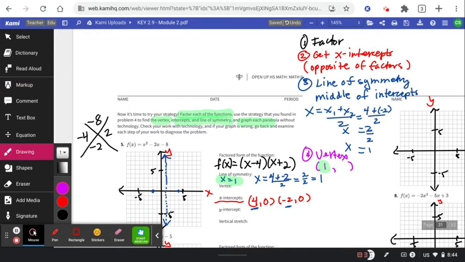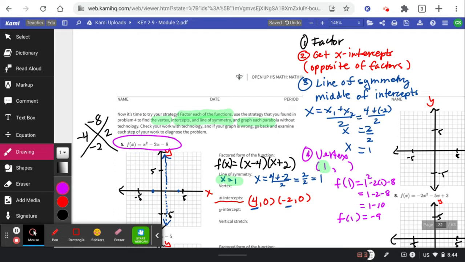To get the other part of the vertex, I need to do some plugging in. I need to find f of 1 using this original function and plugging in that 1. 1 squared minus 2 times 1 minus 8 is 1 minus 2 minus 8 is 1 minus 10 is -9.